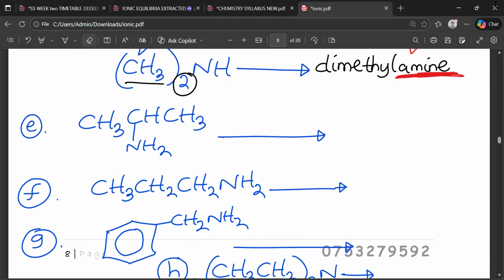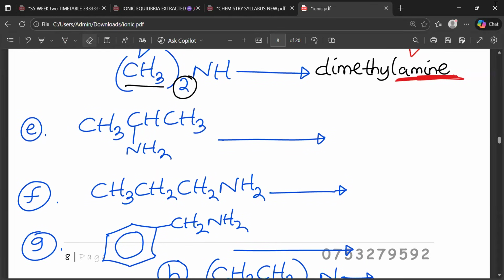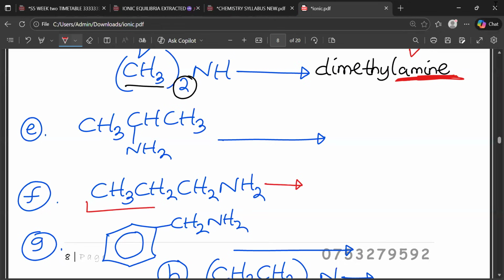Okay, you first name the F. First name F, then I name for you E. It's propylamine, because of this propyl group.